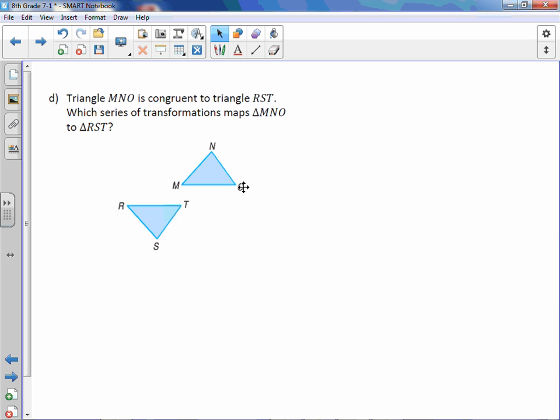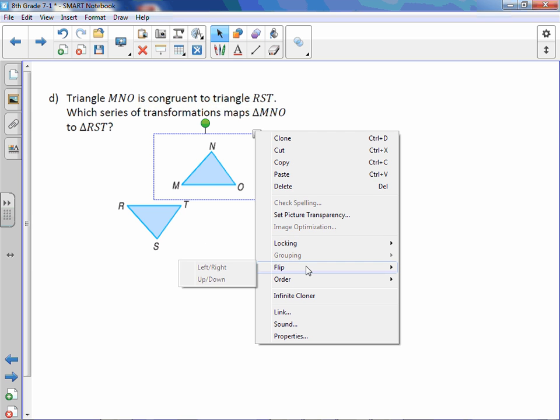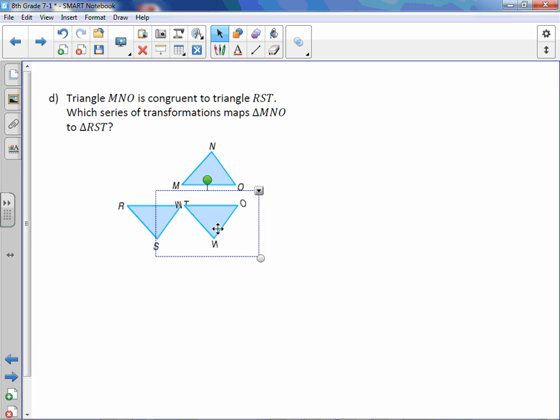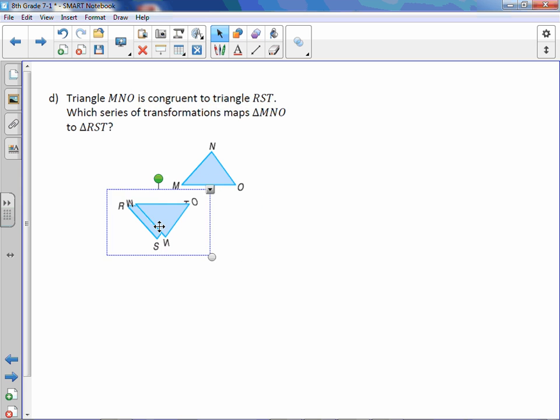Triangle MNO is congruent to triangle RST. Which series of transformations maps triangle MNO to RST? So it looks like a reflection happened here, so let's go ahead and reflect this, which would bring it to about here. And then let's translate it left. And yes, it matches perfectly.